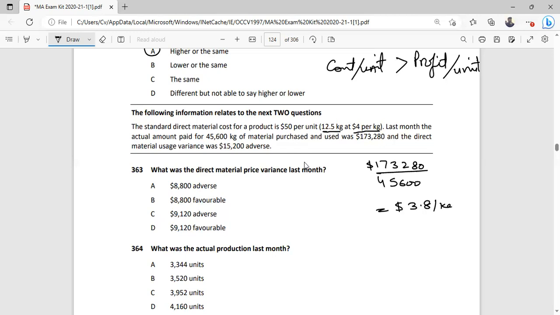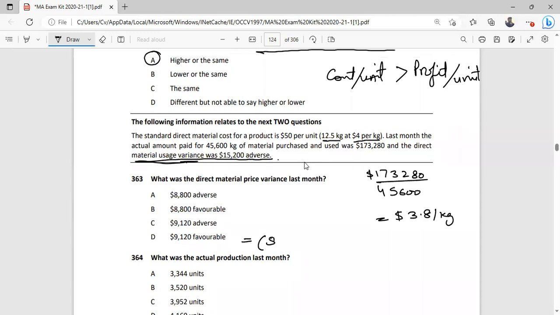Per kg. Last month, the actual amount paid we have already calculated, and the actual material usage variance was 15,200 adverse. What was the material price variance for the last month? Material price variance is equal to standard price per kg minus actual price per kg, into actual kgs purchased.